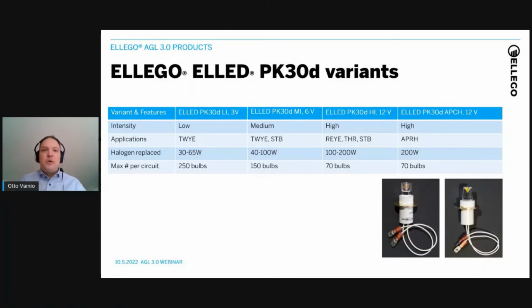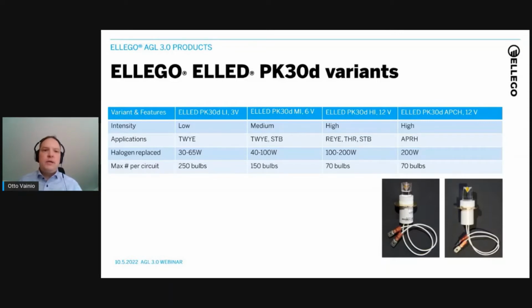Here's a quick look at the different power variants. It's more like voltage variants. All of them can produce a lot of light. Even the low intensity versions, the current versus voltage variation is more to adjust the current levels to a reasonable level, and a level that's not too high, not too low.